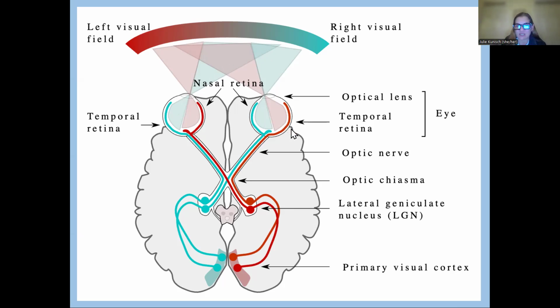I see that on both sides here. Okay, can be confusing. And then the visual information coming from the peripheral field is getting picked up by the nasal retinas, the nasal side of the retinas or the nasal side of the eyeballs. Okay. And then the temporal side doesn't cross and the nasal side does.